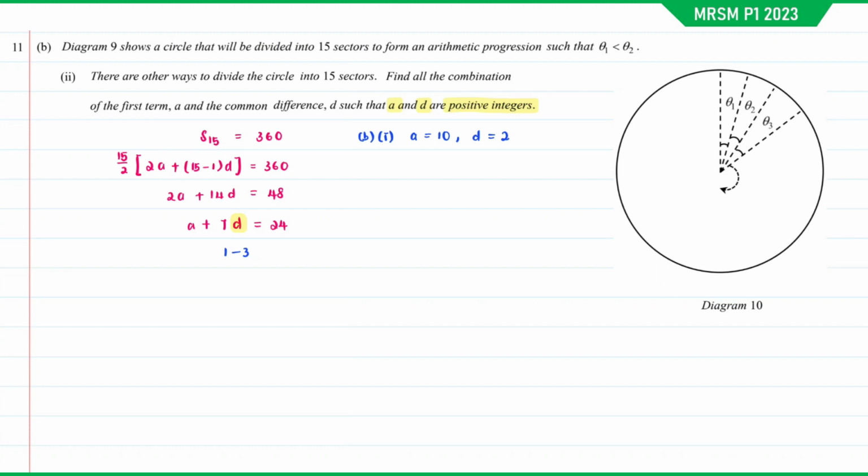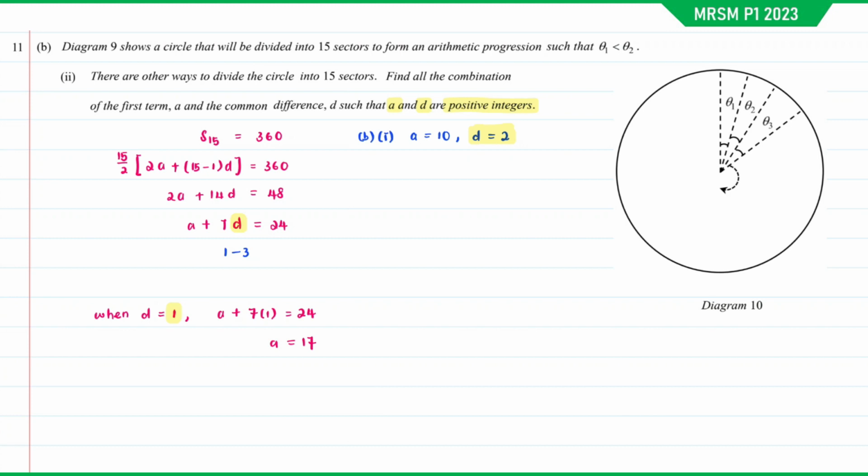As 7 times 4 is equal to 28, the value on the left hand side would be greater than the value on the right hand side, and then a will become negative. In B1, as d equal to 2 has been used, we're going to try with d equal to 1 first. Then a plus 7 times 1 is equal to 24, so a is equal to 17.